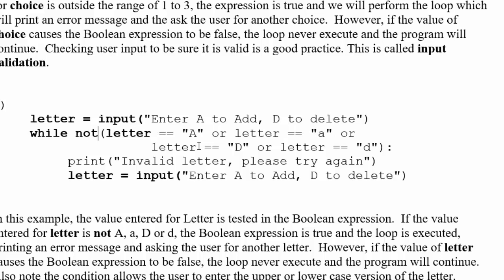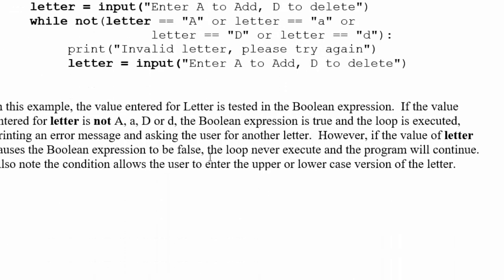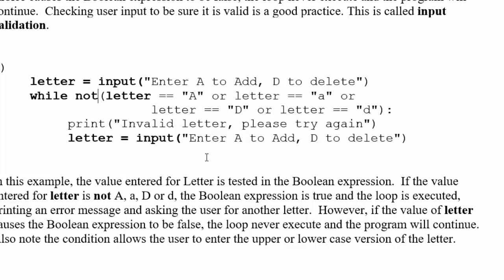So by adding the not, I'm going to let that loop go if it's not what I want. I'm going to say it's an invalid value, try again and put in those values. So with the validation loop, my suggestion is create the condition of what you want and then add the not to it to negate it to force the person to stay within the loop.